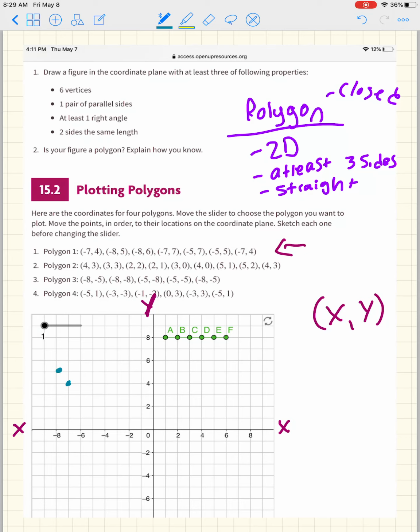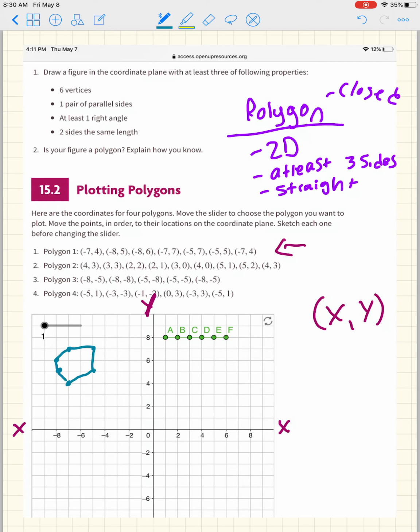Okay, -8 again, 6, right above it. -7, 7, right there. -5, 7. -5, 5, right here. And -7, 4, which we already plotted right there.